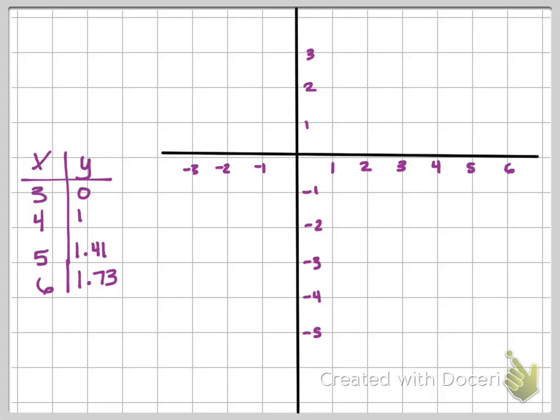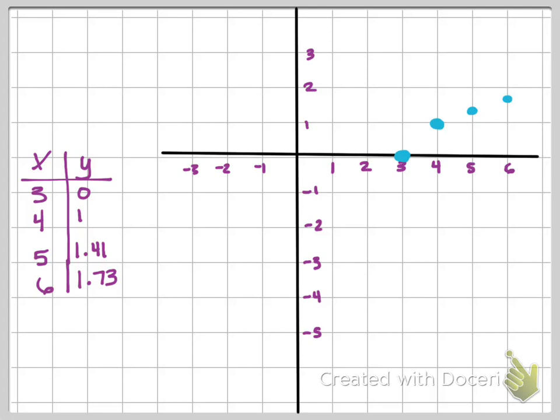Then up or down 0, so that means I'm not moving at all, so I just put my point right here on the x-axis. Then I've got 4, 1, so I go over to 4, up to 1. Then 5, 1.41, so I'm going to go over 5, up 1, and then a little under halfway. And then 6, 1.73, that's going to be a little over 1.5.